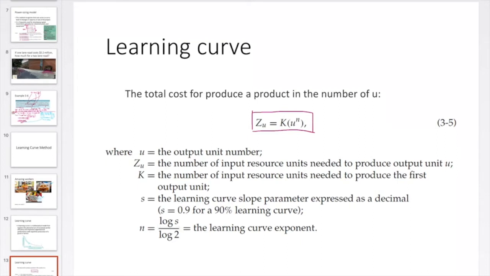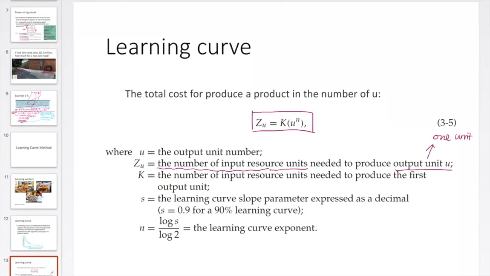First, the Z_U, what is the unknown variable you're calculating for? What is your Z_U? Z_U is the number of input resource units, like how much time, needed to produce output unit U. Output unit U is just one unit, okay? You have to pay attention to this.